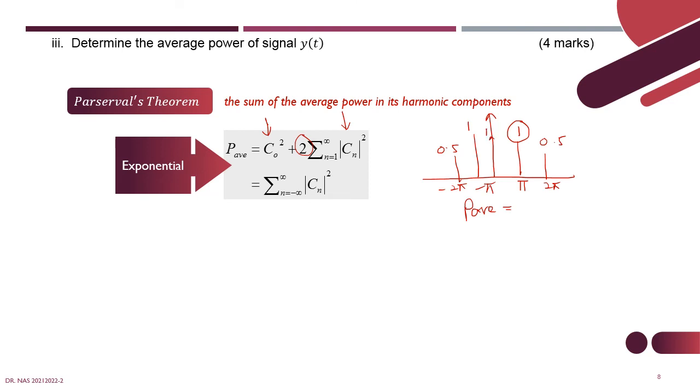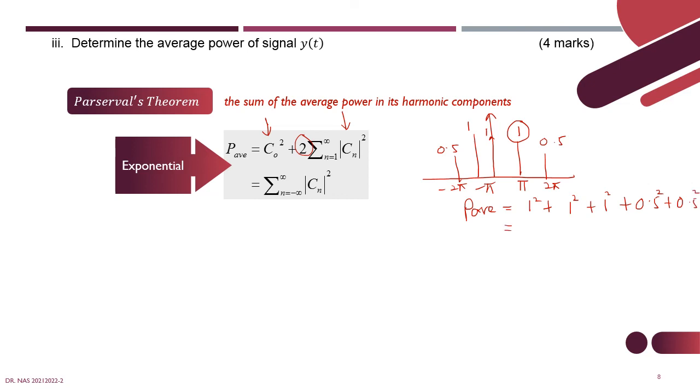Okay, so you have the P average equal to C naught squared is 1 squared plus C pi squared, so it's 1 squared again, C minus pi squared, so 1 again, plus C 2 pi squared is 0.5 squared plus C minus 2 pi squared is 0.5 squared.